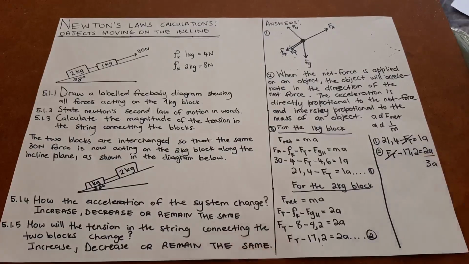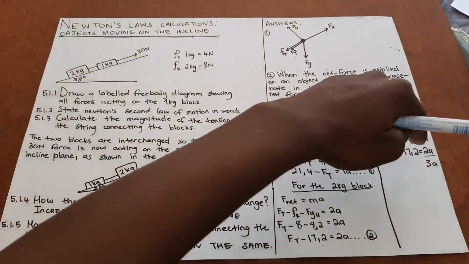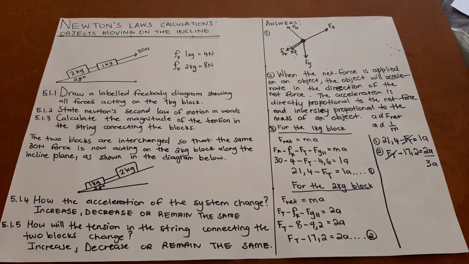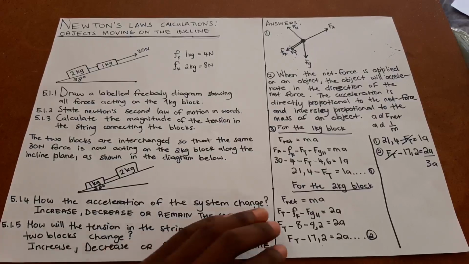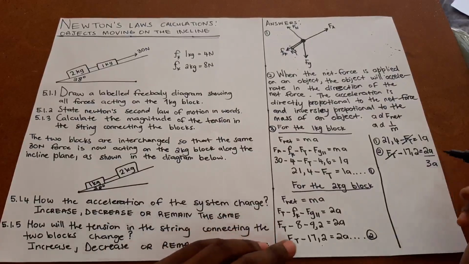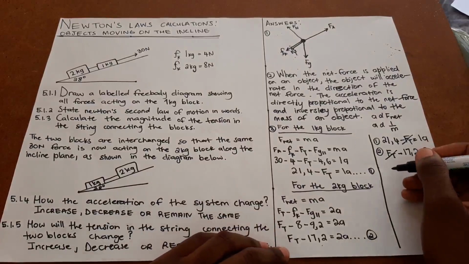So 21,4 minus 17,2. Let's press on the calculator. That gives us 4,2.